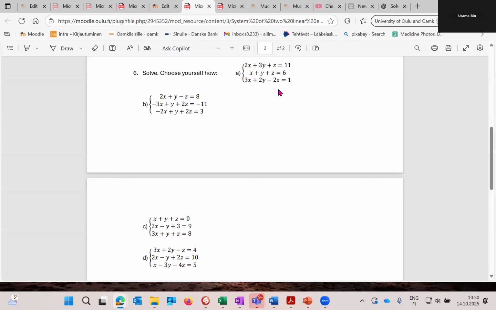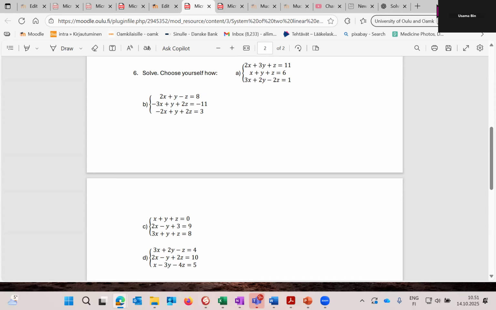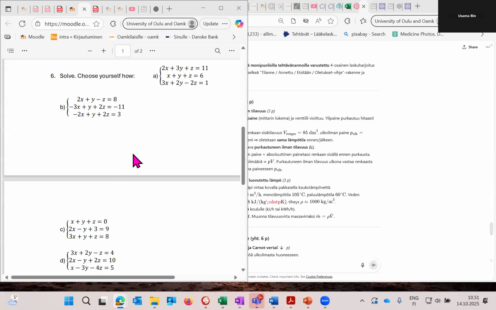For sure on that course, they will teach you how to solve that. But if you have something like this, then you know how to solve it with Excel. Okay, so now just train these, do this with Excel. And that's it. Then we can move on.